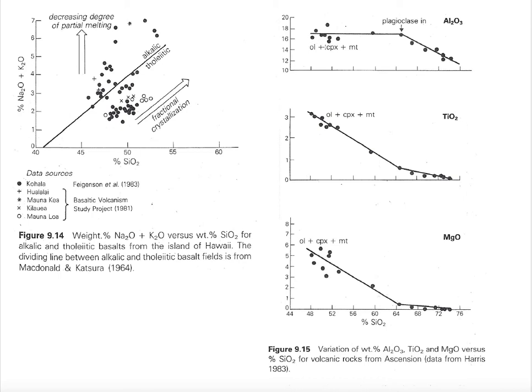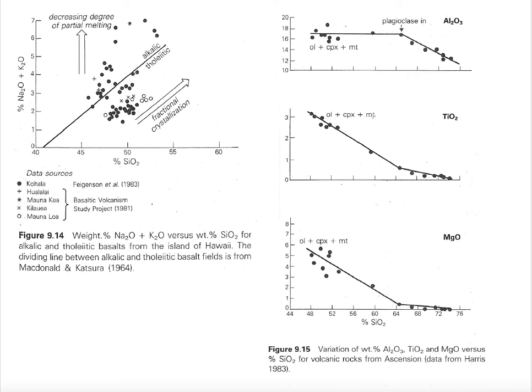Then the plagioclase comes in at this point, and the Al2O3 concentration becomes less in our residual melt because Al2O3 is picked up by the plagioclase. Here we have olivine, CPX and magnetite, and at first a strong decrease in titanium oxide, and then it levels off when the titanium oxide is picked up by the magnetite.